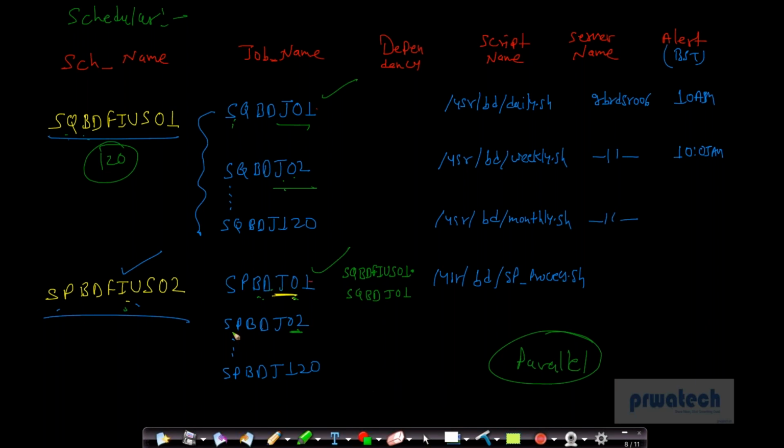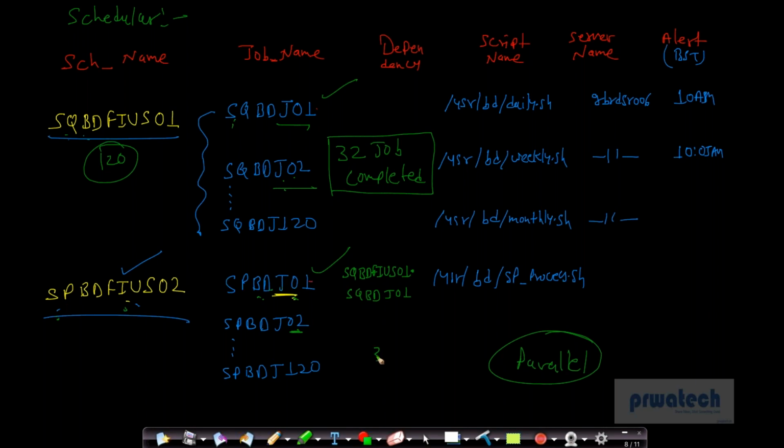So in parallel, we have a scenario where suppose out of 120 tables, 32 jobs are completed. Let's write the number. 32 jobs are completed for Sqoop. These are the small running jobs. And all these 32 jobs which have dependency for Spark jobs will immediately start as soon as this gets completed.